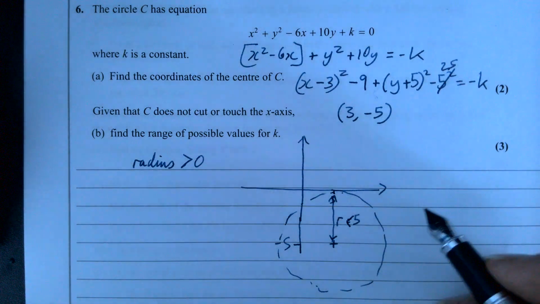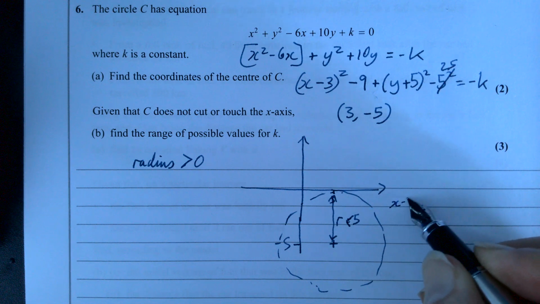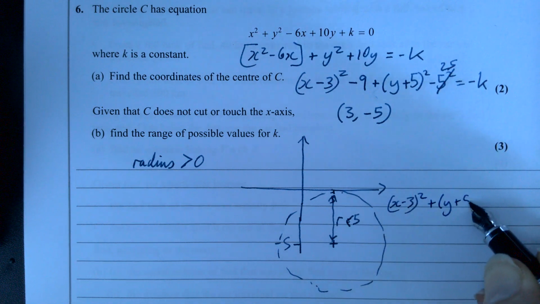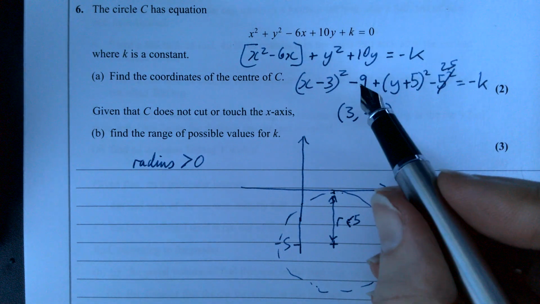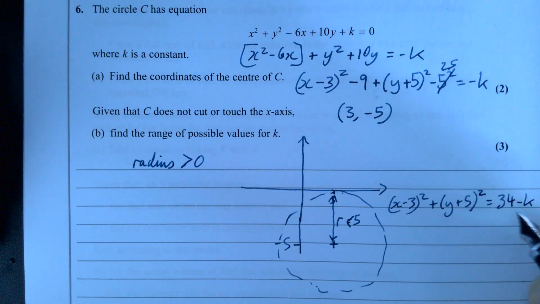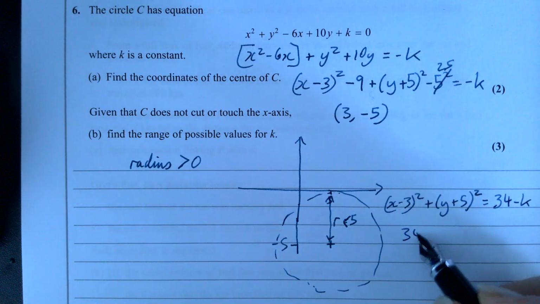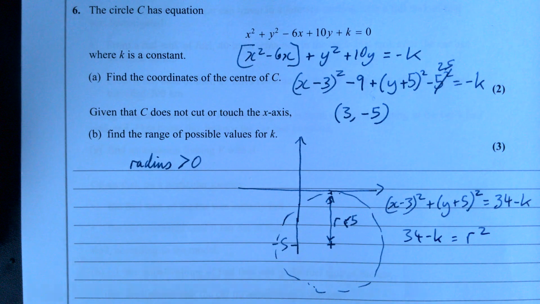So let's have a little look at our equation again and start thinking about that, because we've got our x minus 3 squared plus our y plus 5 squared, and then we've got minus 34 there, isn't it? I'm going to add that to the other side. So 34 minus k is going to be our radius squared, isn't it?